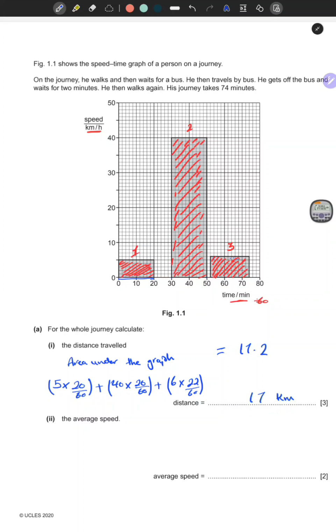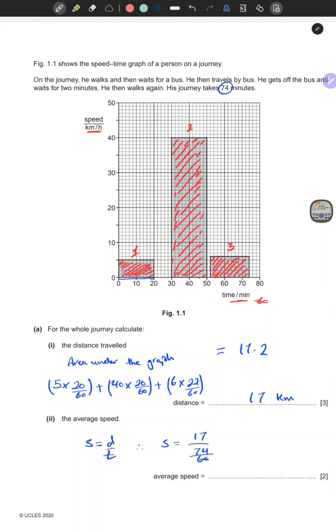Okay, so here I want to find the average speed. The thing I know here is speed is equal to distance over time. So I have the distance, which is 17, and I need to find the time. Now we're talking about average, so I will take the total time for the journey, which is 74 minutes, and that will be divided by 60 as well to have it in hours, so it will be 74 over 60.